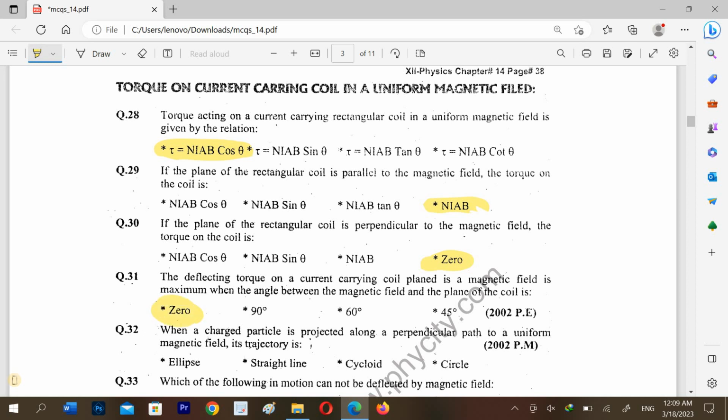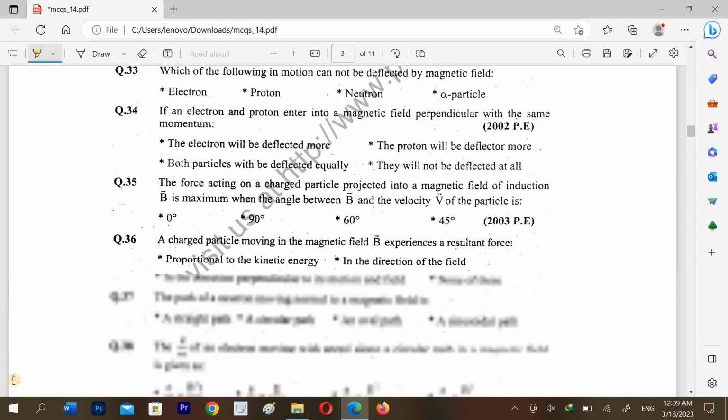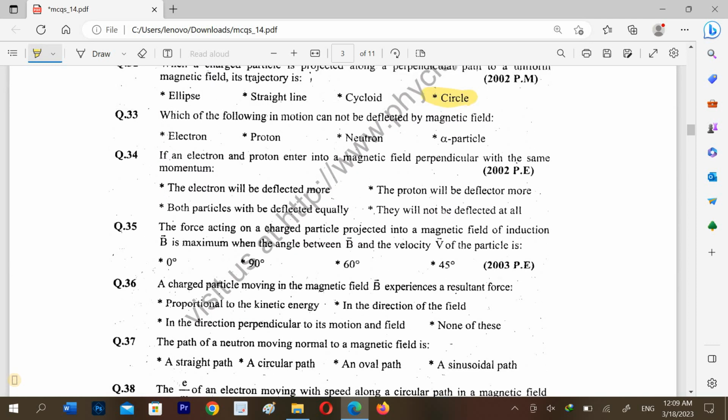When a charged particle is projected along a perpendicular path to a uniform magnetic field, its trajectory is a circle. Which of the following in motion cannot be deflected by magnetic field? Neutron.